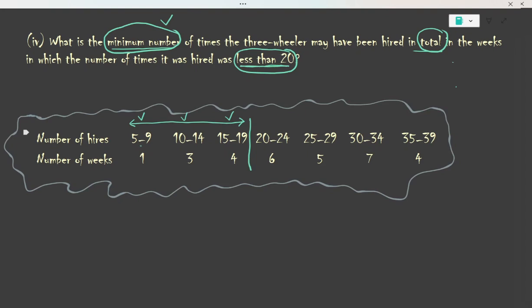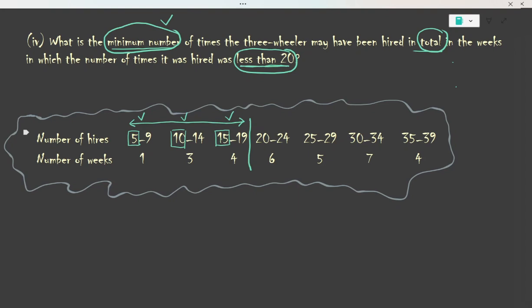It is obvious that 5 is the minimum possible value in this class. If we consider the class 10 to 14, it is clear the minimum possible is 10 hires. If we consider the class 15 to 19, it is very clear that the minimum number of hires possible is 15.